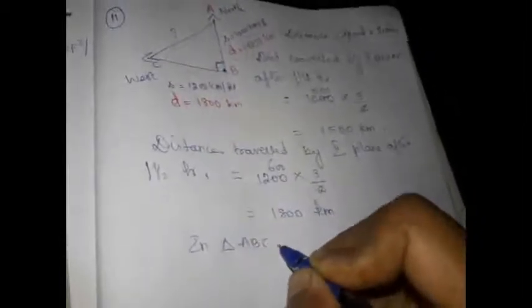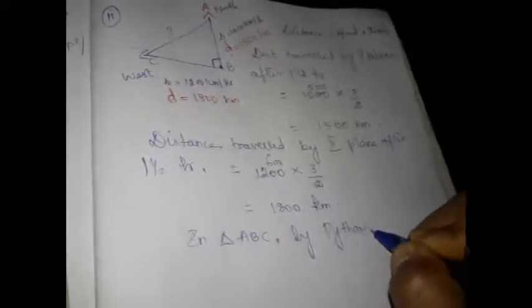Therefore, in triangle ABC, by Pythagoras theorem, what we know? AC square is equals to AB square plus BC square. Hope you can solve this by your own. After that, it's mere calculation by using Pythagoras theorem.